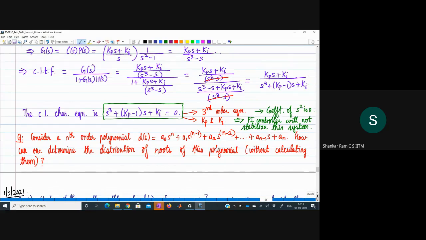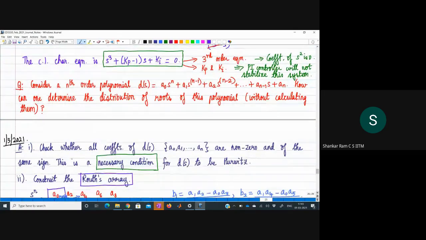So you can see that the coefficient of S squared is 0. So the necessary condition that all coefficients must be non-zero is violated. There is no way you can make the coefficient of S squared non-zero by adjusting KP and KI. Can we? So that's why the PI controller does not work.